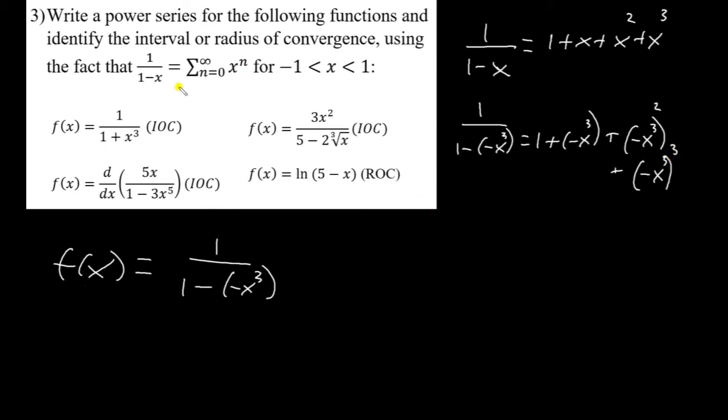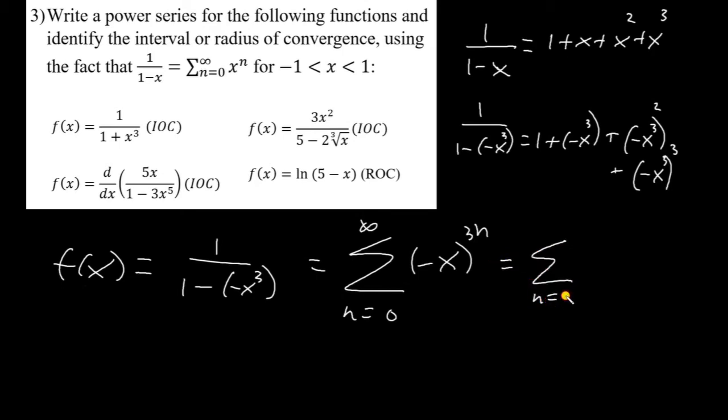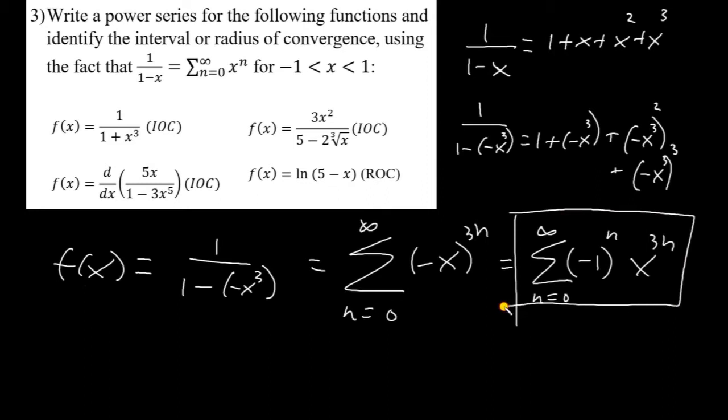And if I wanted to write this as a power series, I can say this is equal to the sum from n equals 0 to infinity of negative x cubed to the n, so negative x to the 3n by combining the exponents. Or I can just as equally write this as negative 1 to the n x to the 3n. So either of those work. I'm just going to circle this one, and that's that.